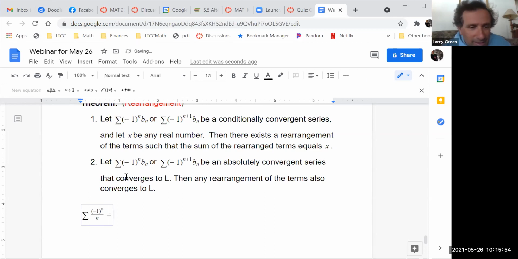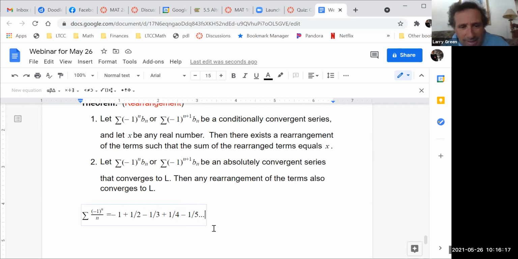That is equal to -1 plus 1/2 minus 1/3 plus 1/4 minus 1/5, etc. Can I do the following?